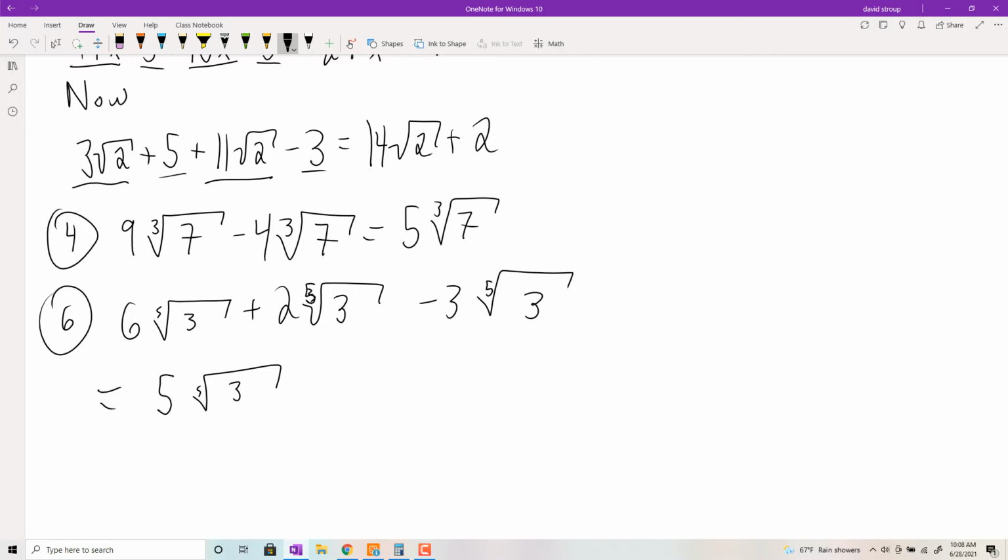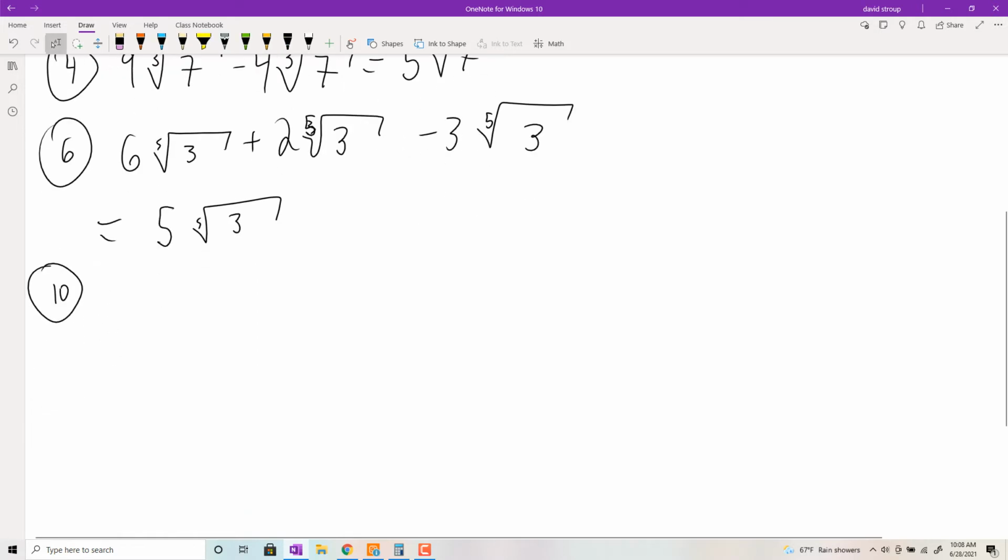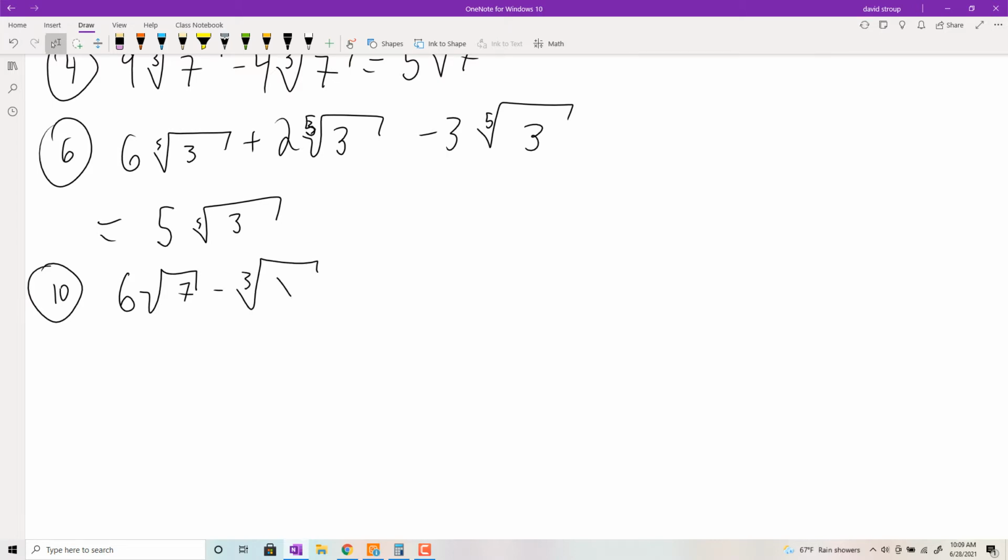Okay. One more, and then we'll worry about something else on top of it. So we have 6 root 7 minus the cube root of x, so we have some variables involved, plus 2 root 7 plus 5 cube root x.